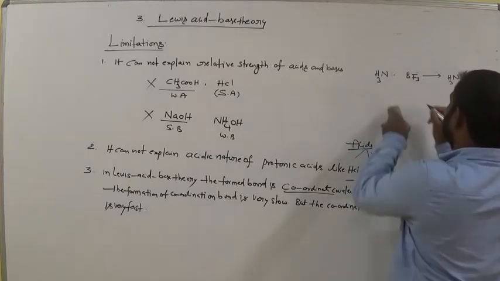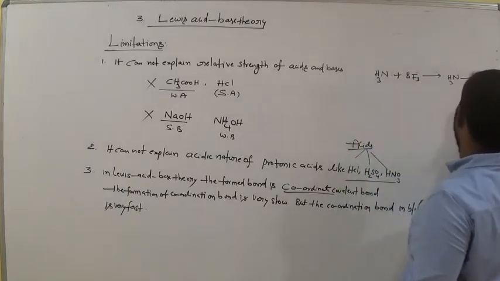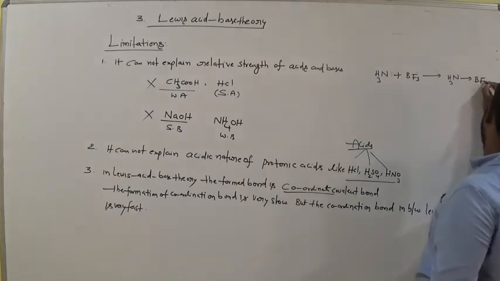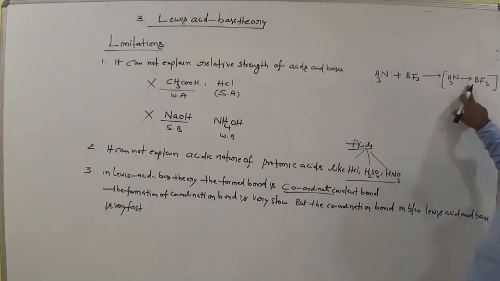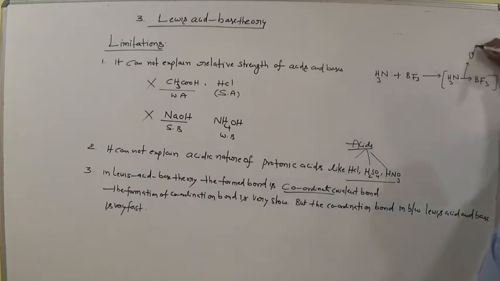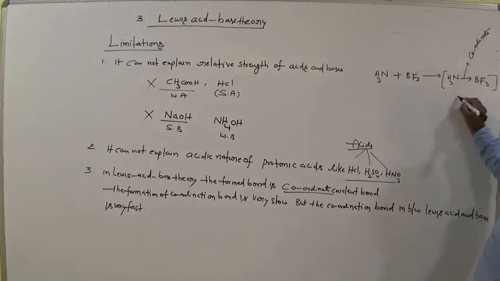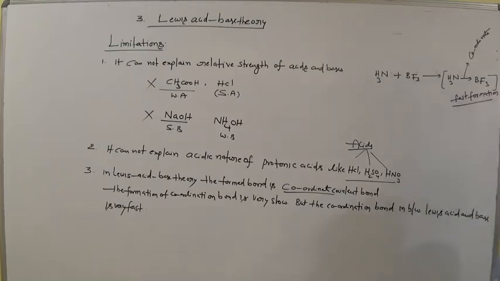Here, the bond making with BF3, okay, this is a coordinate covalent bond. Simply we call it coordinate. So it becomes a very fast formation. This bond is very fast. Am I right?